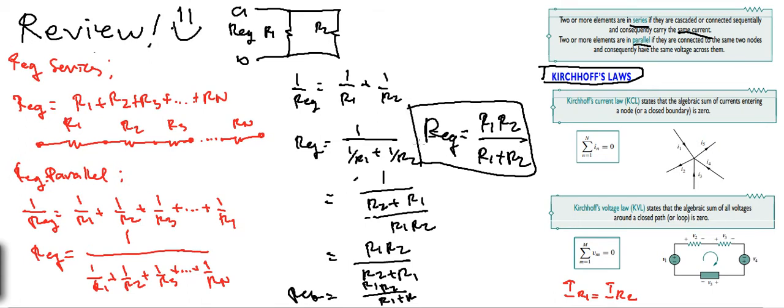Or let's say the summation of all currents is equal to 0. Bakit? Kasi nga, if we have this node, as you can see, we have a current entering, leaving, entering, and also leaving. So, sinabi dyan is the current that enters is equal to current out.